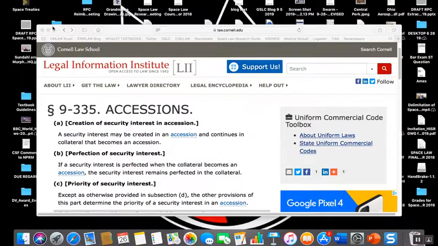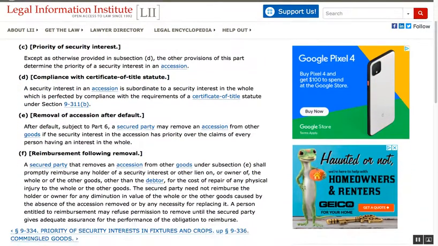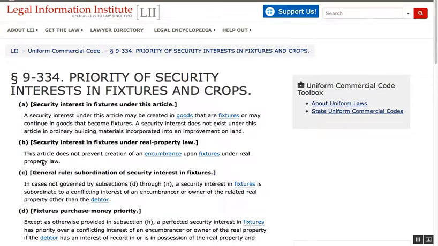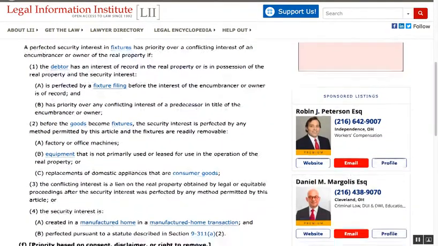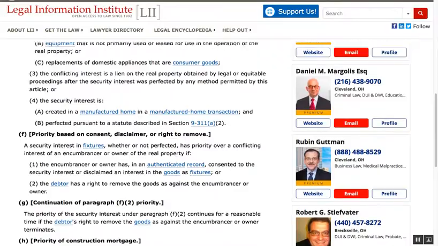We can say goodbye to the textbook for now. Bring up Cornell, their fabulous UCC site. I only wish they had the comments on it, but apparently there's some copyright reason why they don't. I'm not sure, but it's really too bad. I'm surprised they can't figure that out, but it probably costs something, and I know they're trying to raise money.